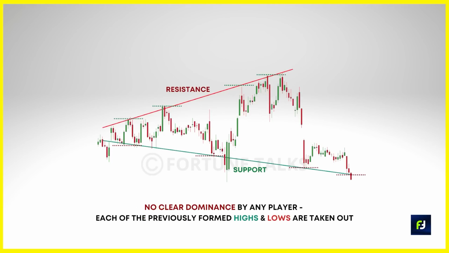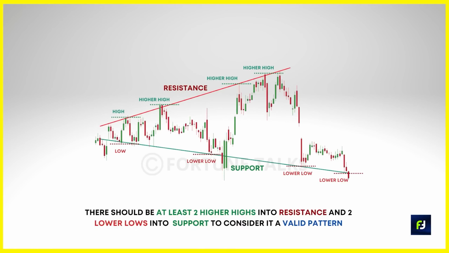Even though the price action is evident after each price swing, there is no clear dominance by a single player. That is, the buyers and sellers are trying to force their dominance, but each attempt is countered, resulting in a state of indecision. Moreover, there should be at least two price swings along the sloping trend lines. That is, there should be at least two higher highs into the ascending trendline resistance and two lower lows into the descending trendline support to consider it as a valid pattern.